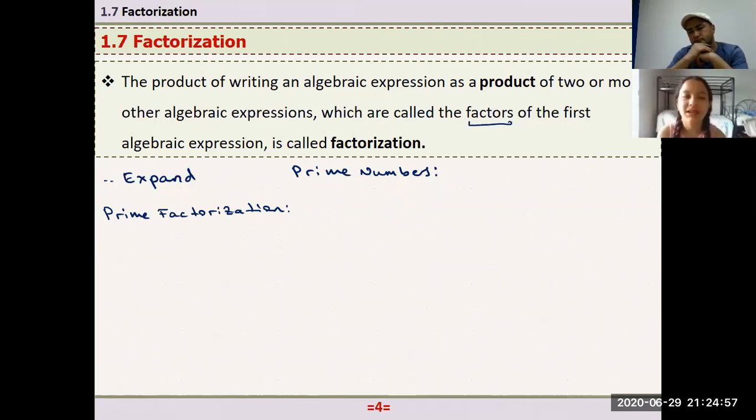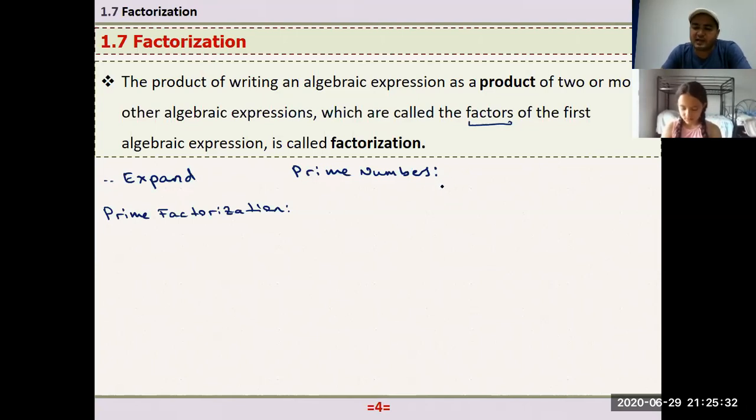Is that like, it's a number that can't be multiplied more than one, I think. Okay. A prime number is a natural number which has exactly two different divisors or factors. That's the definition of a prime number. So it's a natural number which has exactly two distinct factors. Okay, that's the prime number.